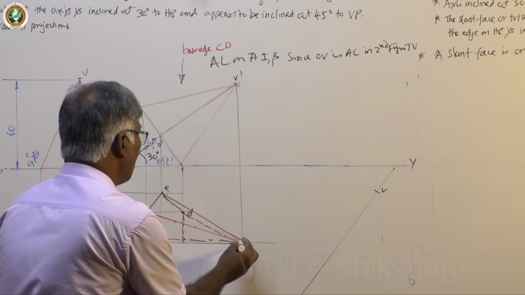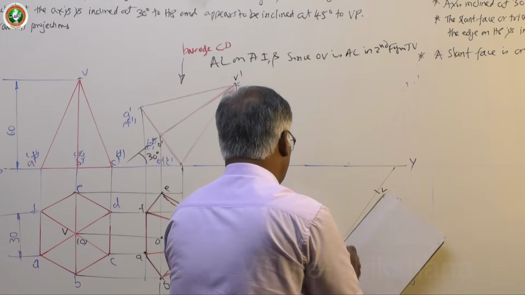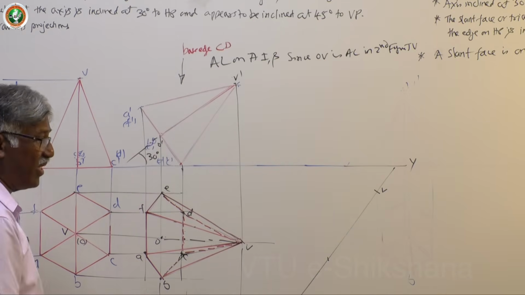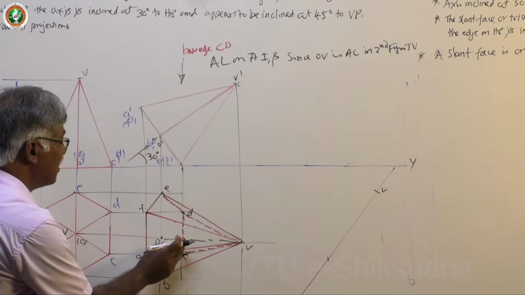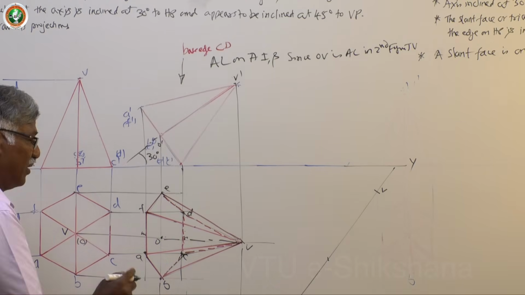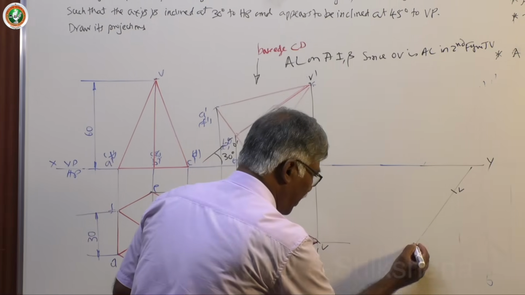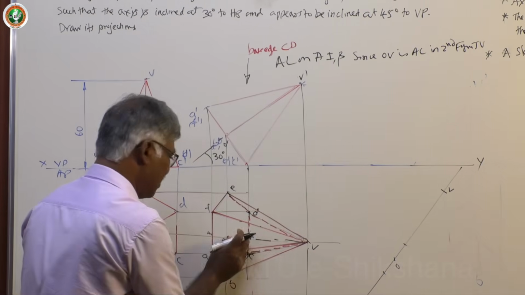Now I am taking VO first. Then you are supposed to take one more distance. This distance. Let me name this MN for the time being. Assume that this is M and N. Both are equal. This is O, M, N. This distance is equal to this.